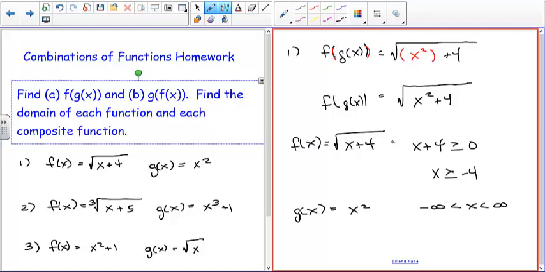And the reality is that we can put any value of x in there from negative infinity to positive infinity, because you're going to square it, and so this number is always going to be greater than or equal to 0, and hence the number greater than 0 plus the number greater than 0 is also greater than 0. So what we can say is that the domain of f of g of x is also all real numbers.